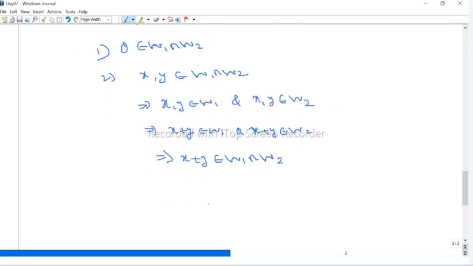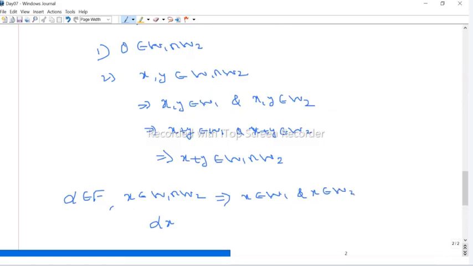Similarly, we can prove scalar multiplication. If we take alpha as an element of the field F, and take an element x in the intersection W1 intersection W2, we have to prove that alpha times x is in it. Since x is in W1 intersection W2, x is in both W1 and W2.